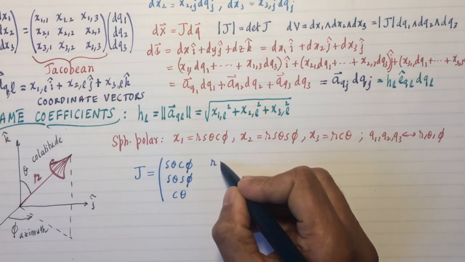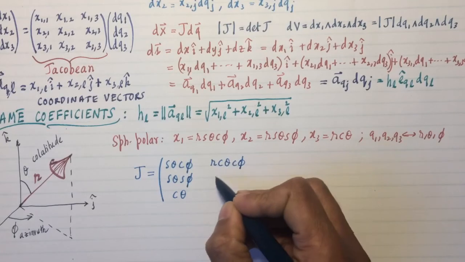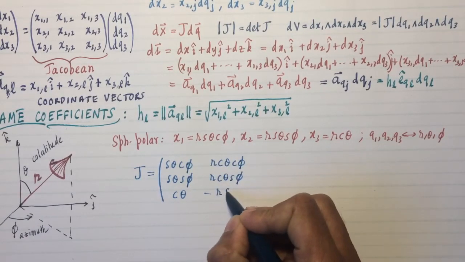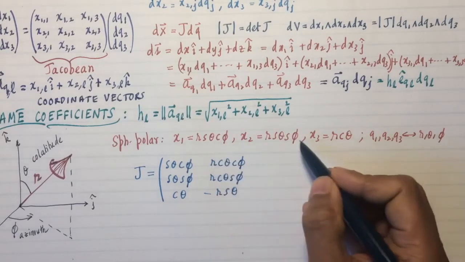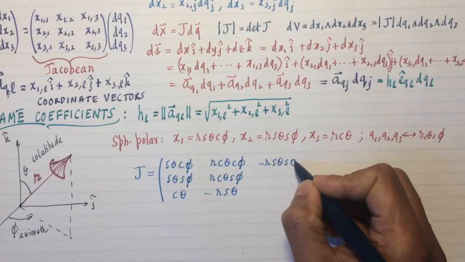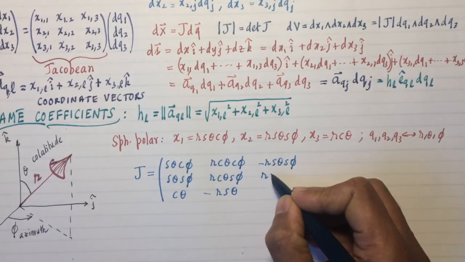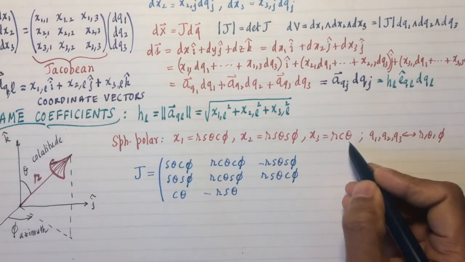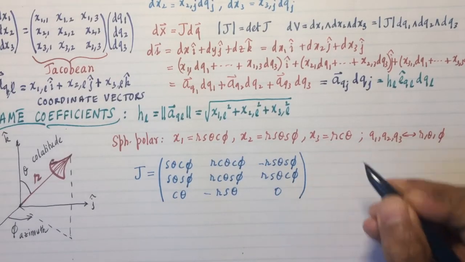So I'm going to get r cosine theta cosine phi, r cosine theta sine phi, and negative r sine theta. Then with respect to phi, so I get negative r sine theta sine phi, r sine theta cosine phi, and this does not have a phi at all, so it gets a 0.